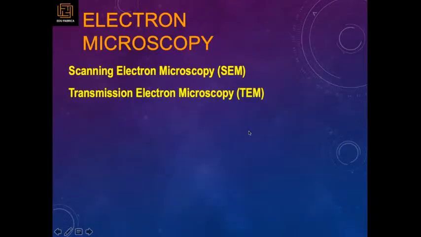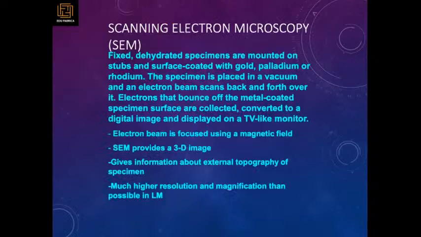So then next is electron microscopy, which is your scanning electron microscopy and transmission electron microscopy. Scanning electron microscopy uses fixed, dehydrated specimens which are mounted on stubs and surface coated with gold, palladium and rhodium.